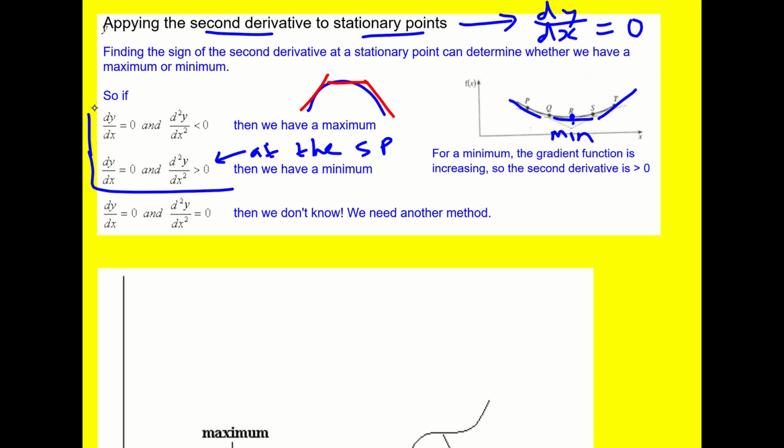So these are facts that you can have, and you can then classify stationary points. There's one scenario which is just a little bit more difficult, and that's if the second derivative is 0 at the stationary point. Then we don't know. We can't say for sure whether it's a maximum, minimum, or a point of inflection. We need another method. We'll look at this in a second.